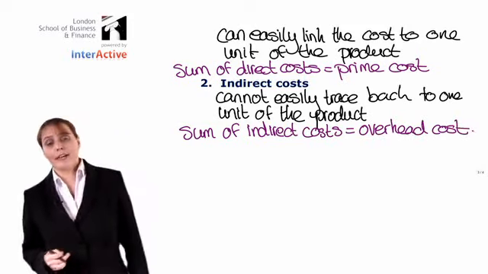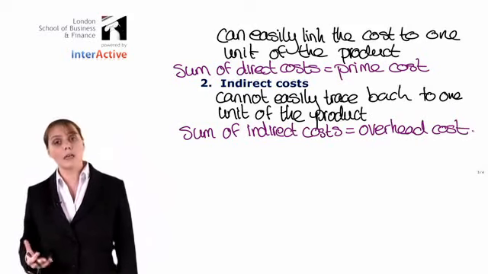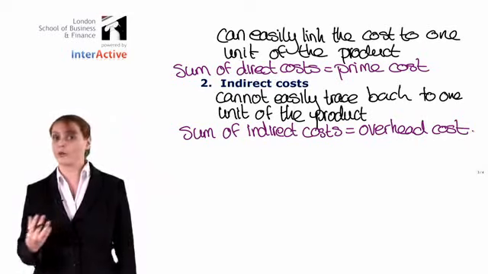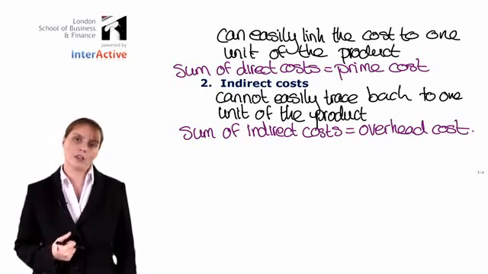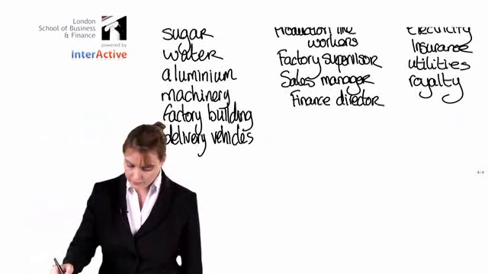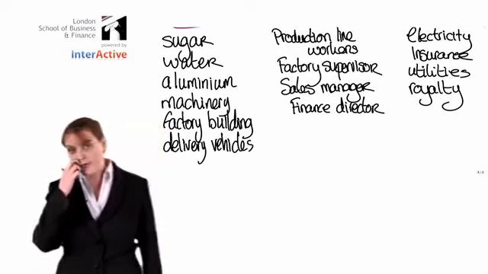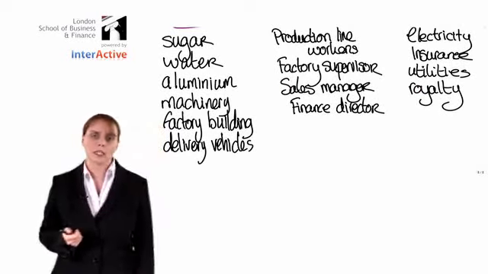So what we'll do now then is have a look back at our cola manufacturing company and decide which costs are direct costs and which costs are indirect. So in our material costs, the first thing we said was sugar.